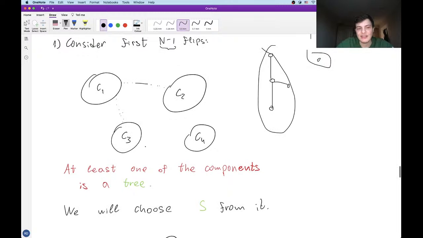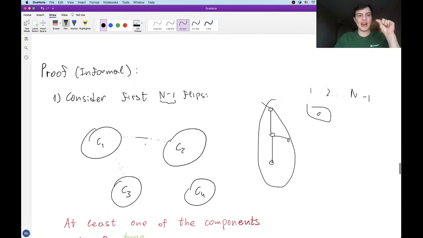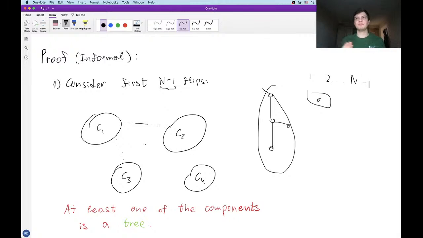Basically, the idea here is that we have a tree and let's choose S from it. Also, I have to mention that my informal proof is pretty similar to the proof in the editorial, and it's a constructive proof. In other words, I'm going to find such a vertex that will guarantee the things.